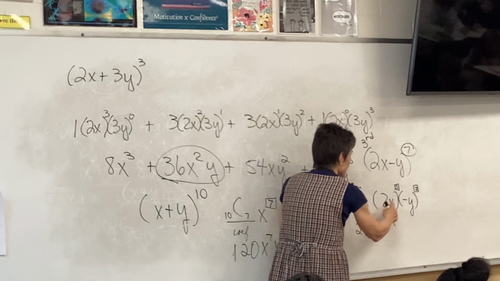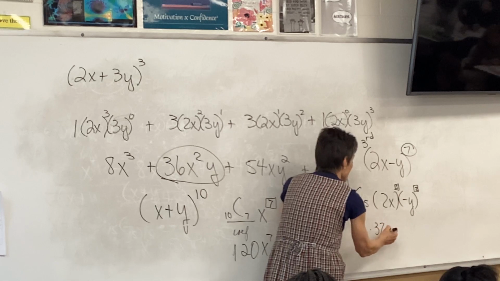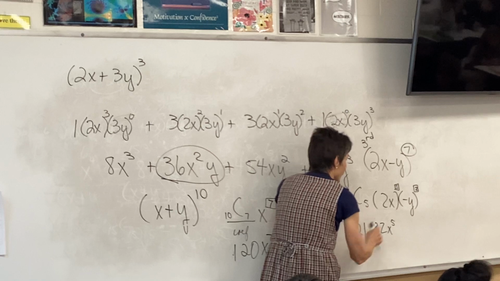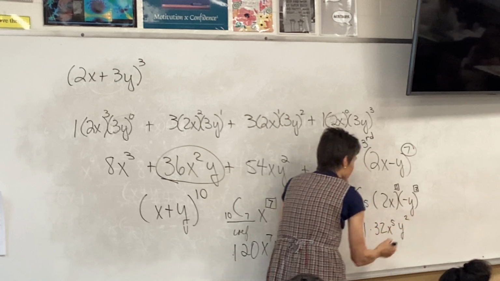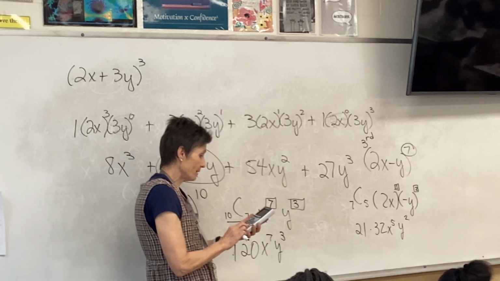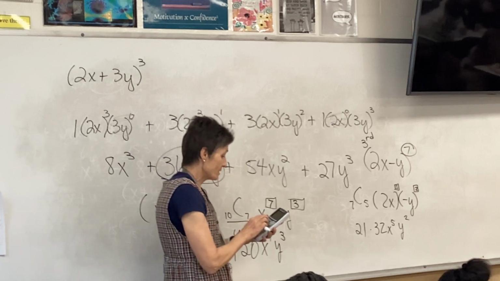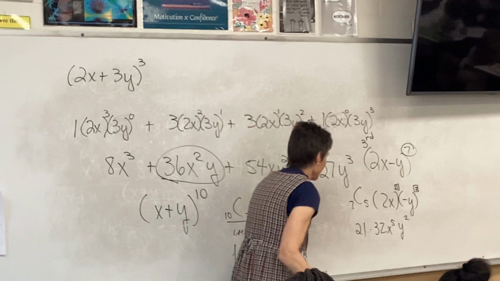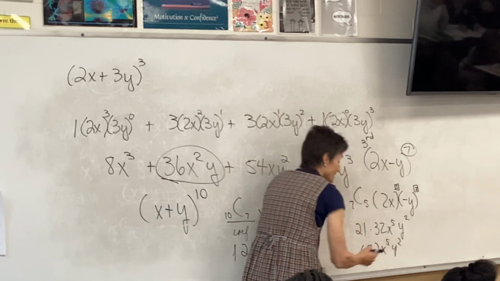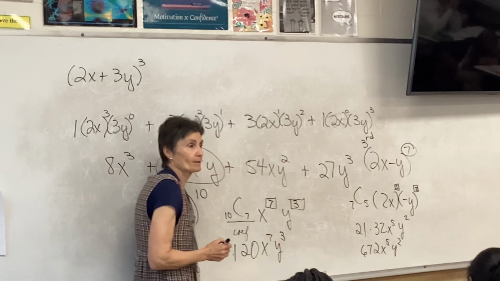And this is going to be 32 x to the 5th. And this is gonna be y squared. All multiply, so 21 times 32, 672. X to the 5th y squared. Is that what you got? Yes. Perfect.